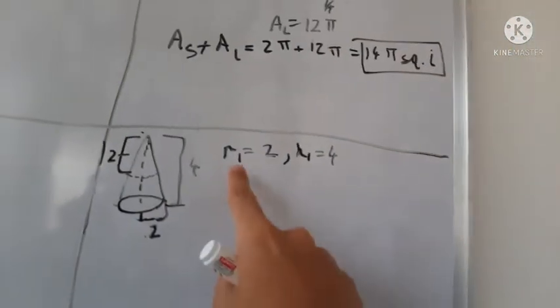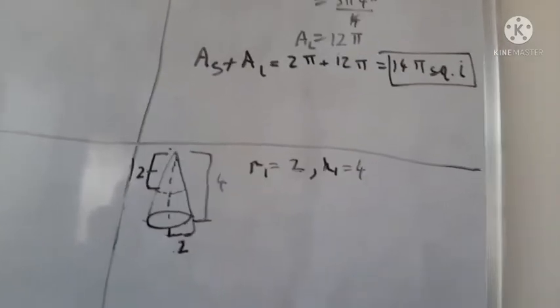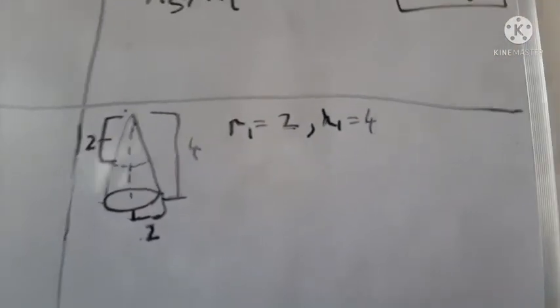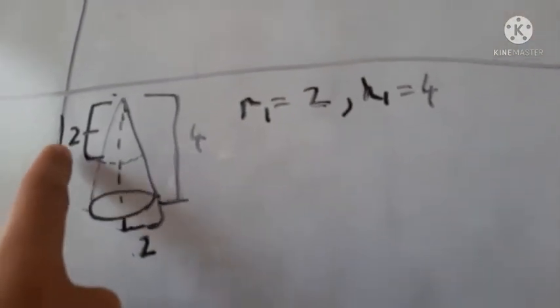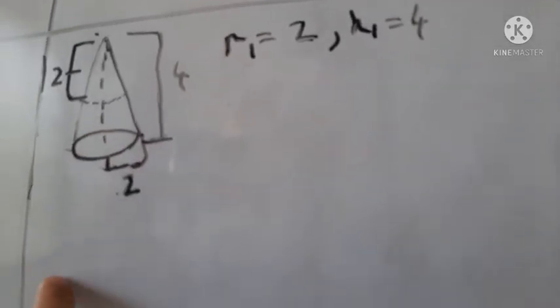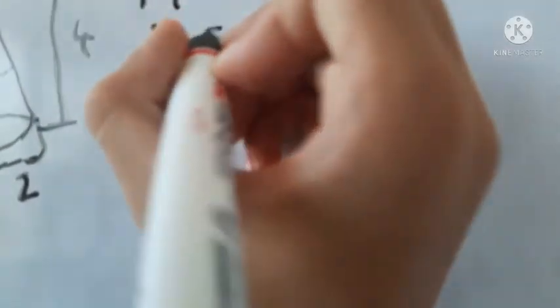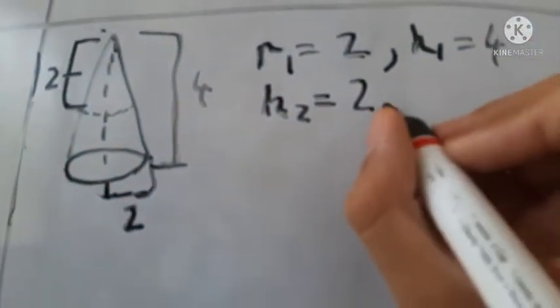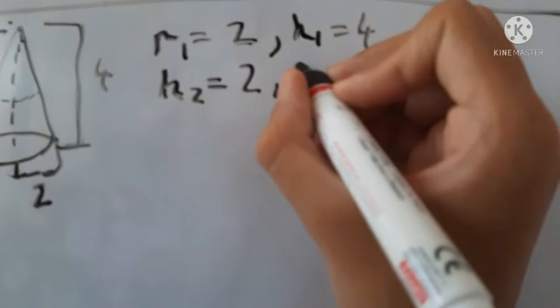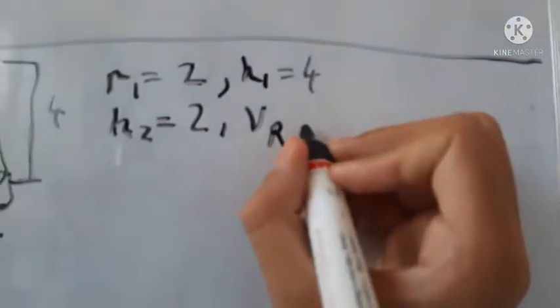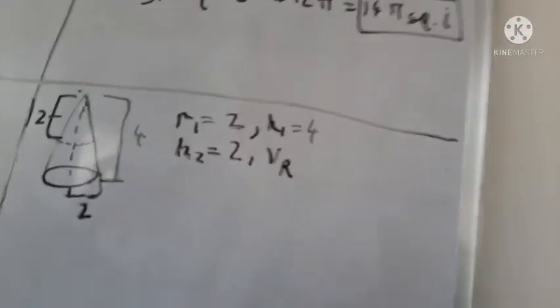Then we're told that someone takes a conical bite off of it, of height 2. So h2 is 2, right? And we've been told to find the volume of the remaining chocolate.